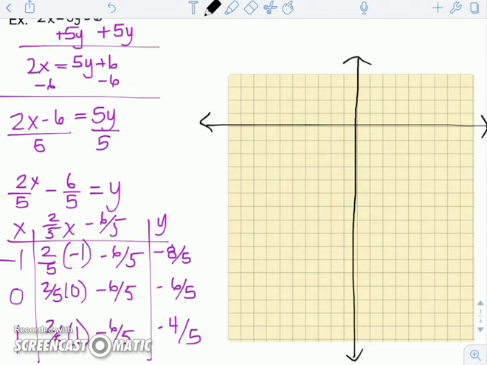So instead of going by 1s, I'm going to go 1, 2, 3, 4, 5, and this is going to be 1. 1, 2, 3, 4, 5, and this is going to be 2, because then really this is negative 1/5, right? There's 5 of those. This is negative 5/5, which is the same thing as negative 1.